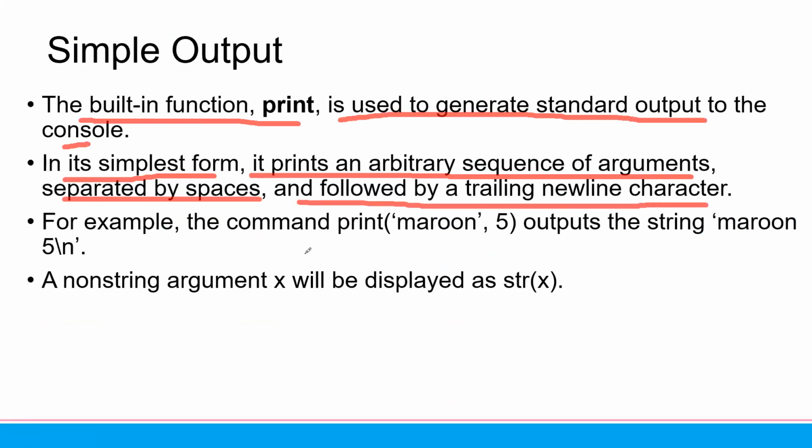So for example, if you use maroon, 5, the output will be maroon 5, and then there is \n. It means it will go to the new line. A non-string argument x will be displayed as str(x). So any numbers like this one will automatically change to string.